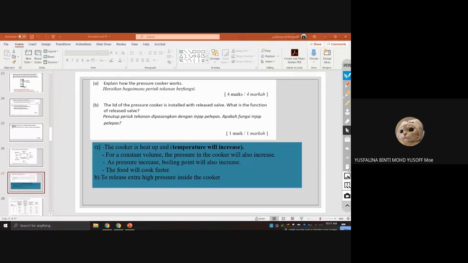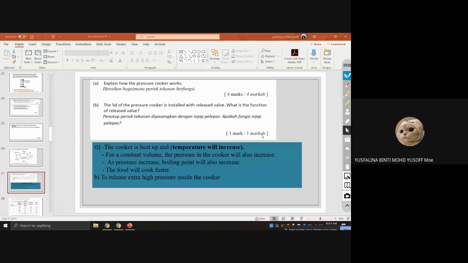Alright, the first step is the cooker is heated up, so the temperature will increase. For constant volume, the pressure in the cooker will also increase. This is because of the kinetic energy of the molecules, which increases.